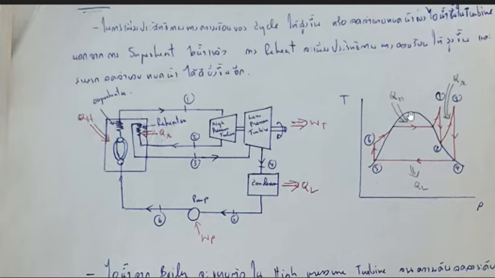This line is the saturated liquid line. At this point, we call it the critical point, the point that divides the saturated liquid line from the saturated vapor line.